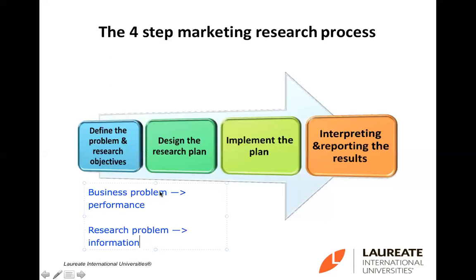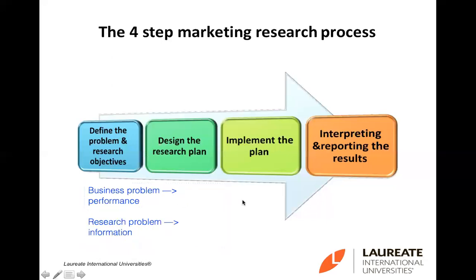So one of the things I'd like to highlight is that as a marketer, we need to be able to convert the business problem into research problem. How do we do that? We look at the business performance and analyze it. We look at the possible answers: why is our sales going down?